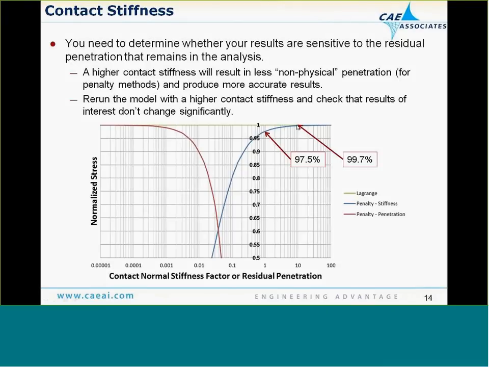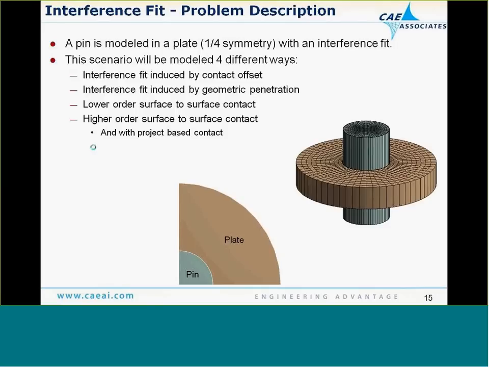It's non-physical. And then, of course, there's a pure Lagrange method, which doesn't have a contact stiffness associated with it. And that's always a value of what it needs to be, because that is essentially 0 penetration allowed in that contact formulation. So those are just a few things to emphasize what's important in terms of penetration and contact stiffness.